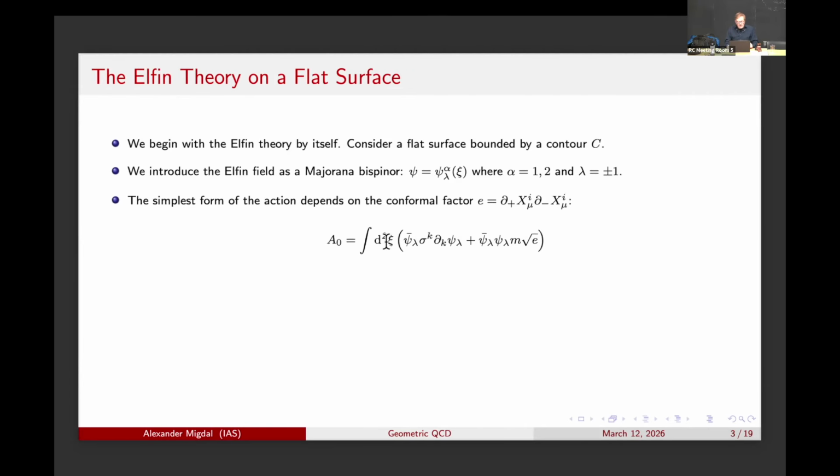So the simplest form of the action is very, very simple. It is a two-dimensional integral over, say, the unit disk. And then there are these two Pauli matrices and derivatives. And then there is this conformal factor, which effectively changes the mass.